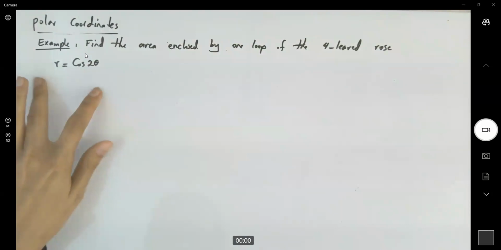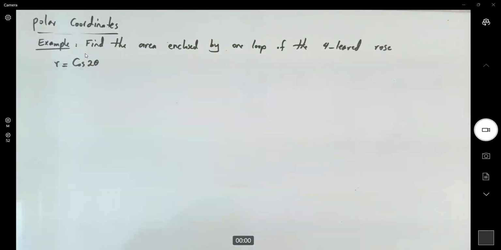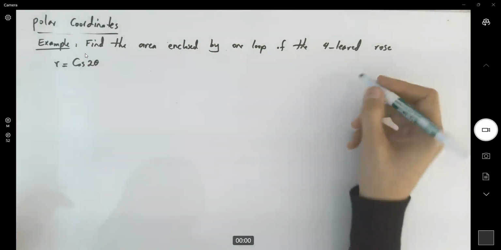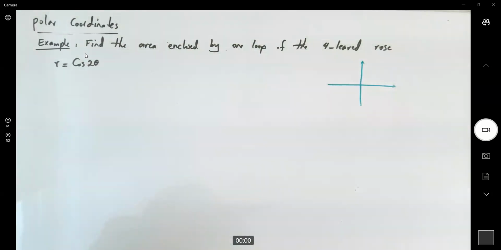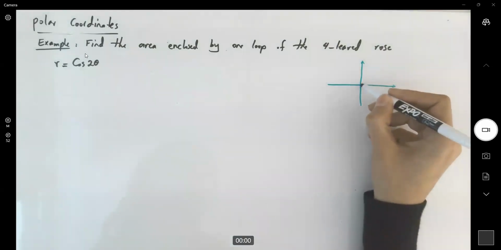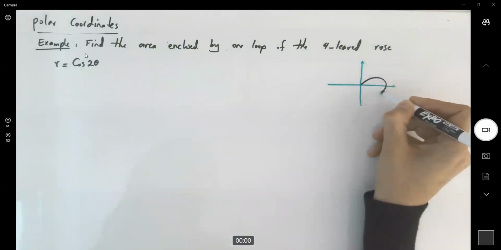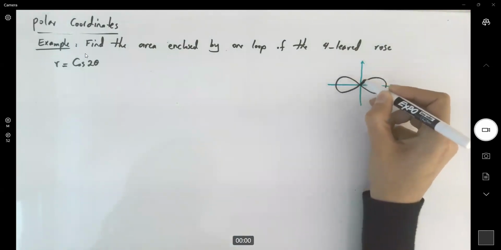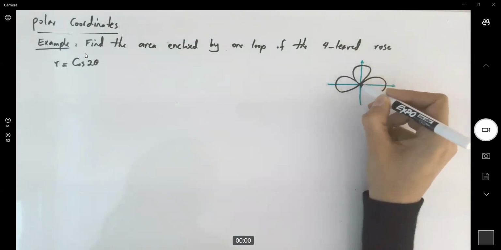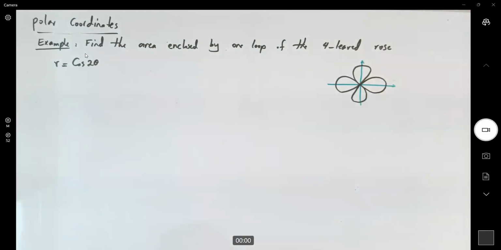Let's take a look at the shape here. So what are you going to have? You're going to have a four-leaved rose. And you're going to take one leaf and find the area, right?